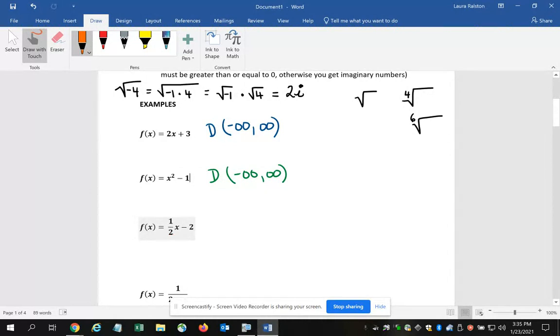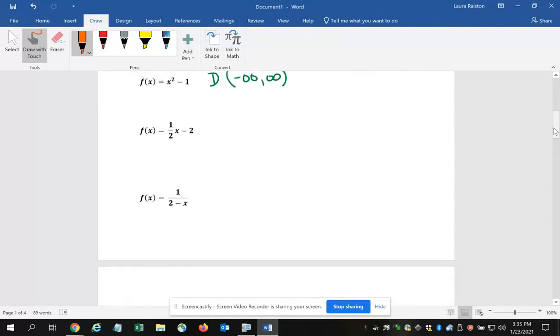Since the variable is beside it, it's a multiplication, so I don't have to worry about division by 0. If you want to contrast that, look at the next example where we have 1 over 2 minus x. Notice now that that x is definitely in the denominator, or the bottom half of the fraction.